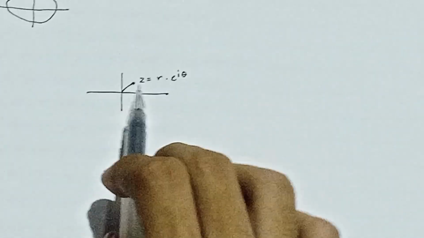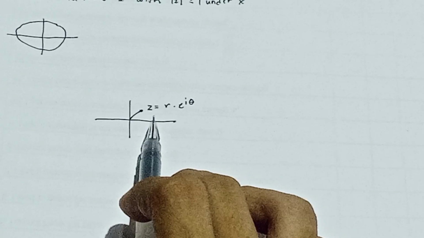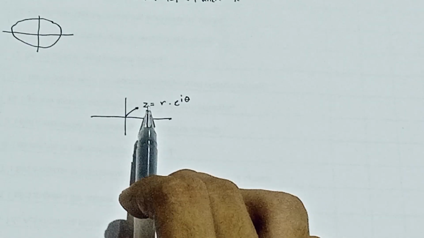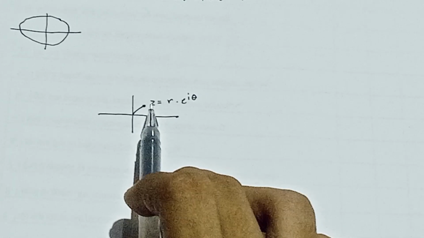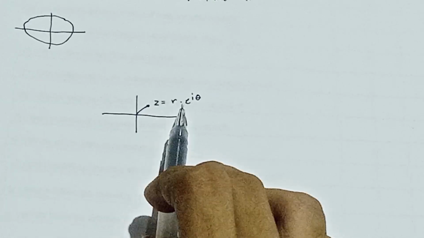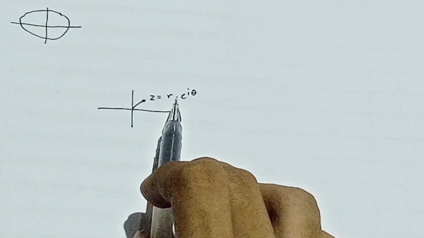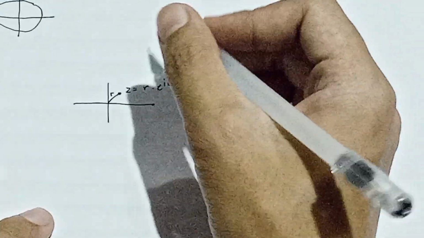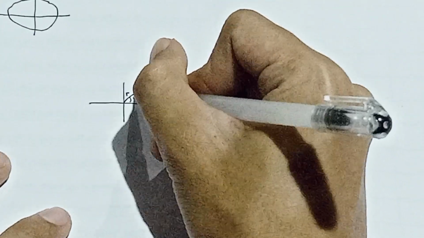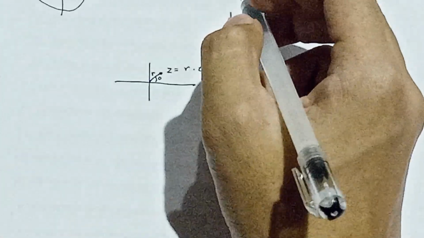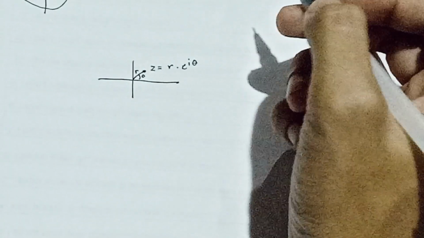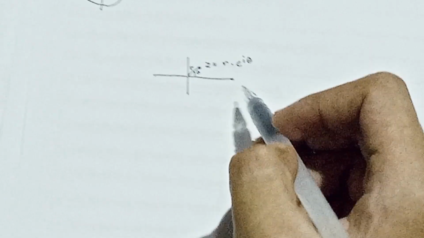Recall that every complex number can be written in polar form as r times e to the i theta, where r is the distance of the complex number to the origin, and theta is the angle you have to rotate from the positive x-axis to reach the complex number.